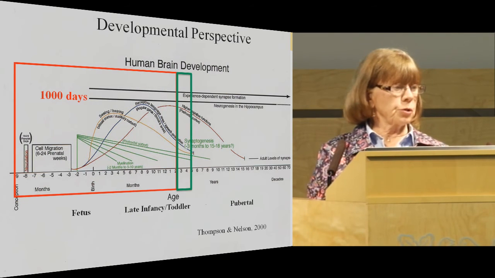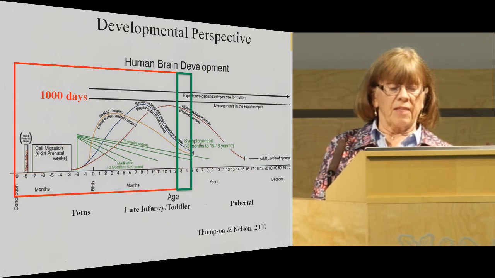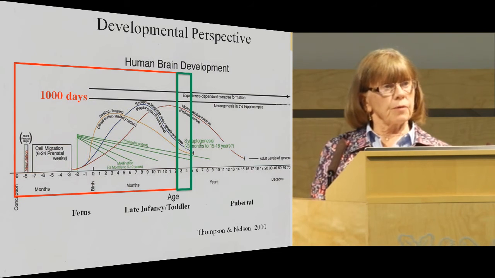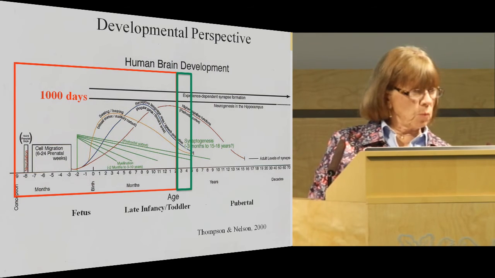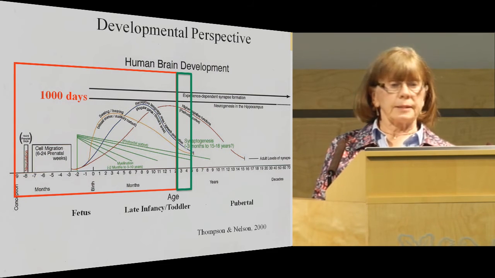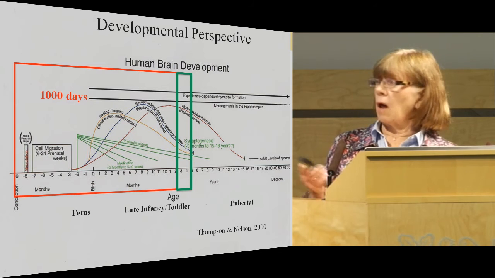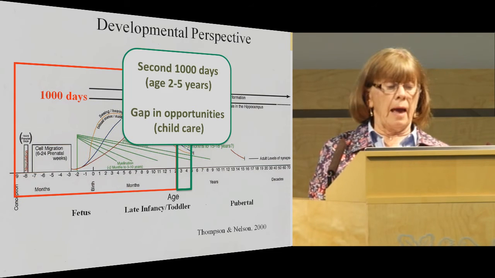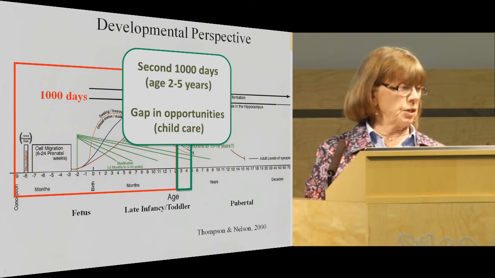Now, what you've just heard, and the timing of the presentations is terrific, that those of us who are interested in child development are happy with the emphasis on the first 1,000 days, and we say it's necessary but far from sufficient. And so this green line takes us to what would be the second 1,000 days and would be up until age 5.